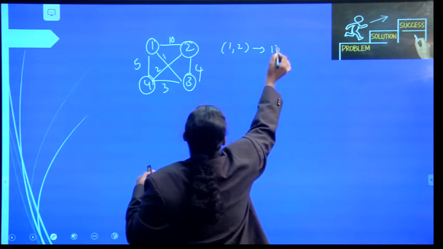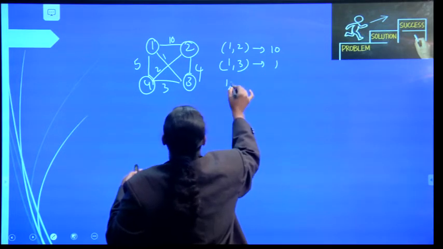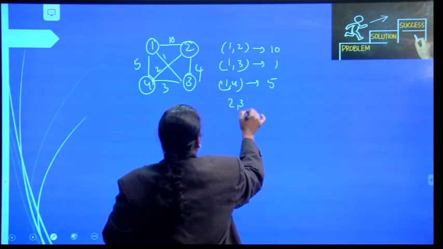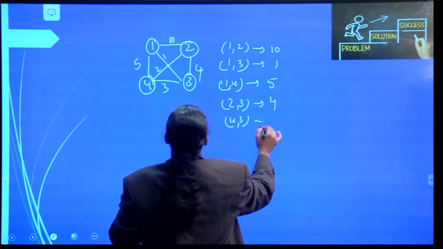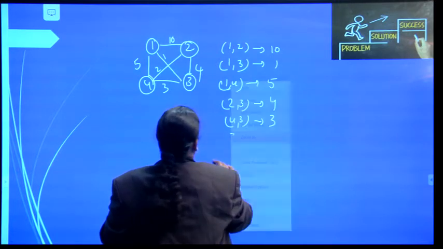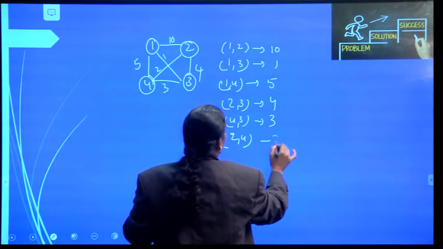Edge 1 2 has cost 10, 1 3 is 1, 1 4 is 5, 2 3 is 4, 4 3 is 3, and 2 4 has cost 2.